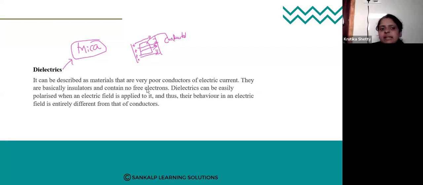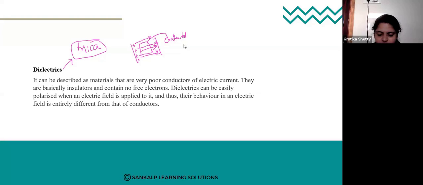Their behavior in an electric field is entirely different from that of conductors. So it will just conduct, but it is not similar to the conductors. Is it understood? So it behaves as an insulator, but when you keep it in an electric field and it gets polarized, it will somewhat start behaving like a conductor, but it is not exactly showing the properties of the conductors.